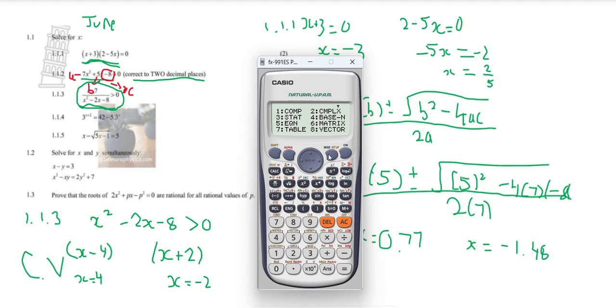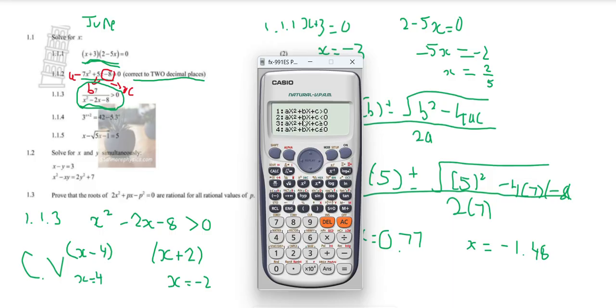Now this is another step of finding this. You're going to press mode again, then you press going down, you look for EQN. It's called inequalities. Then you press number 1 again. We're dealing with x squared, so you press number 1. Now you look for which inequality sign you're dealing with, because remember we have greater than, less than, greater than or equal to, or less than or equal to.